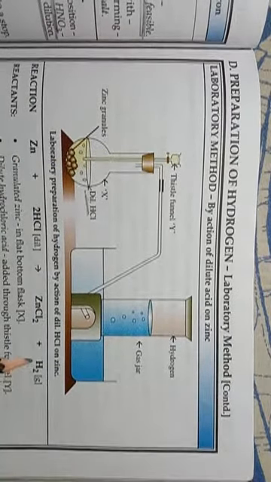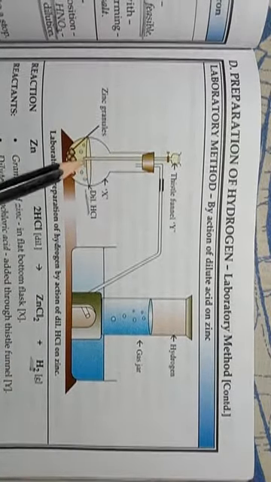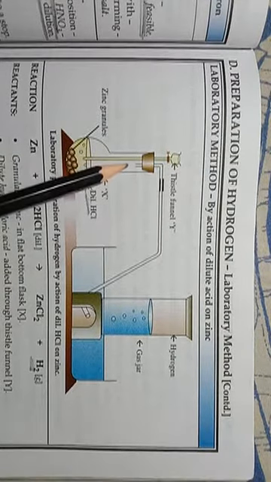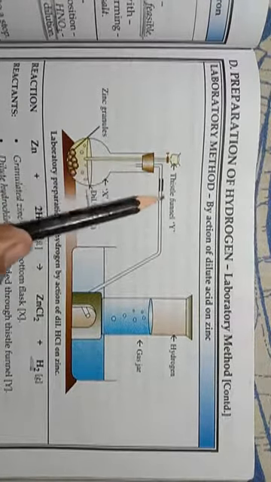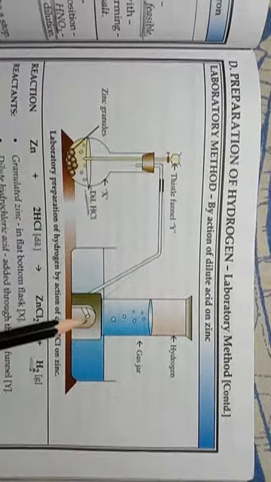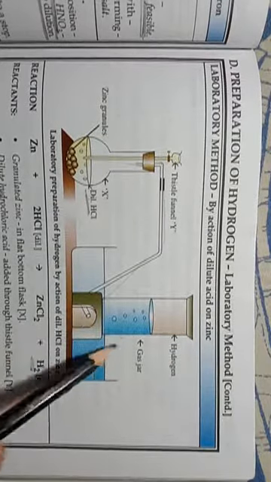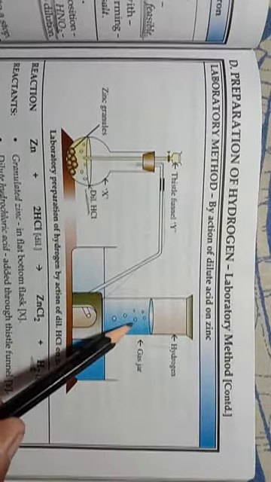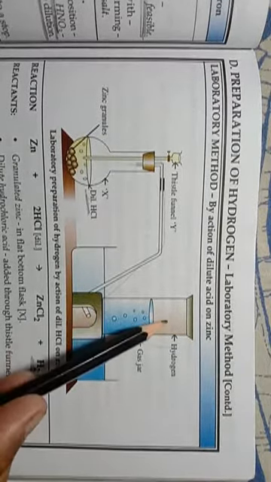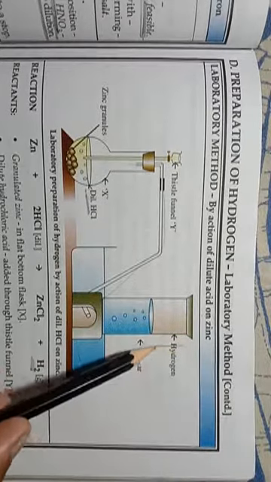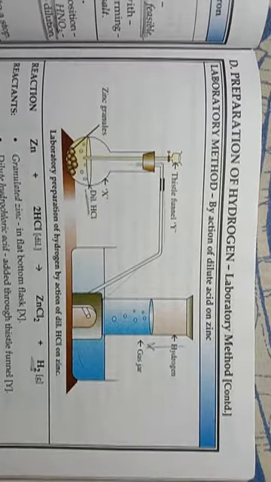forming hydrogen gas, and this hydrogen gas is passing through this delivery tube and coming here. This is a trough which is filled with water, and a gas jar which is also filled with water. So hydrogen gets collected in this gas jar by the downward displacement of water.